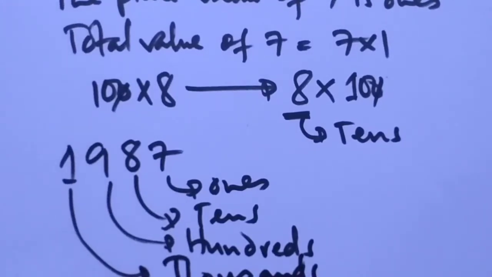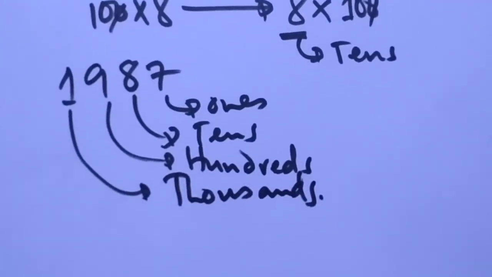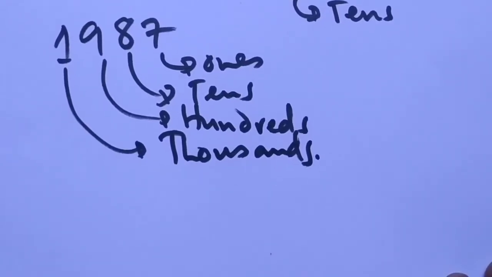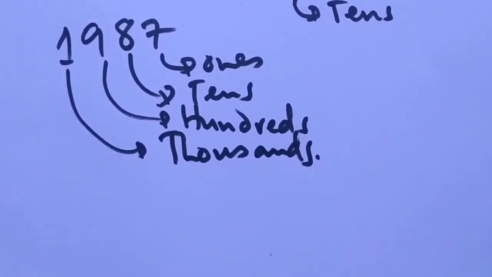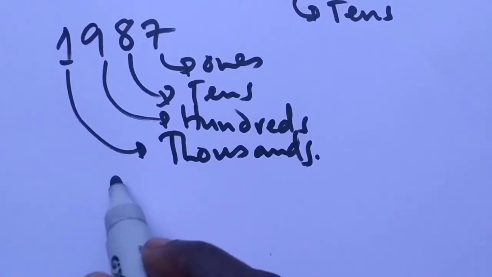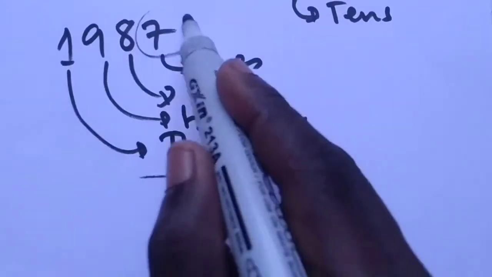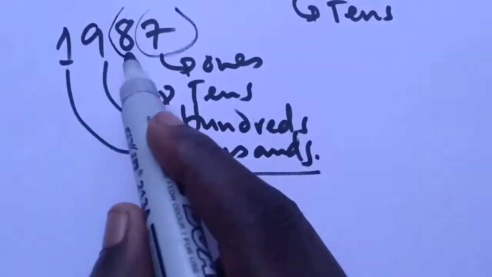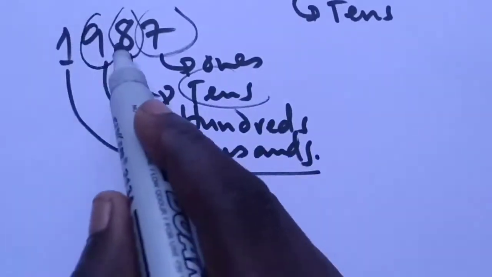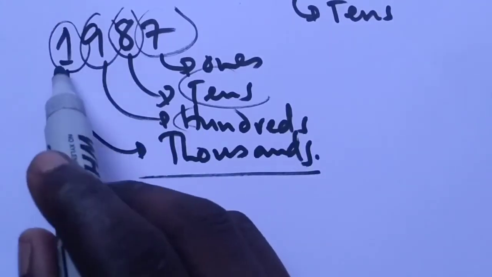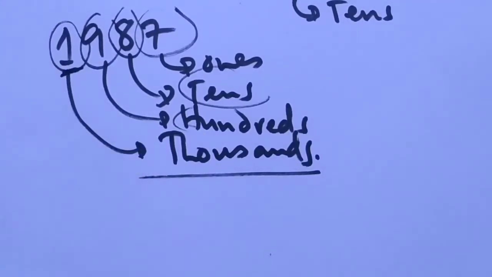So that's how things go. We have numbers in different place values. So from here we have 7 groups of ones, 8 groups of tens, 9 groups of hundreds, and 1 group of thousands.